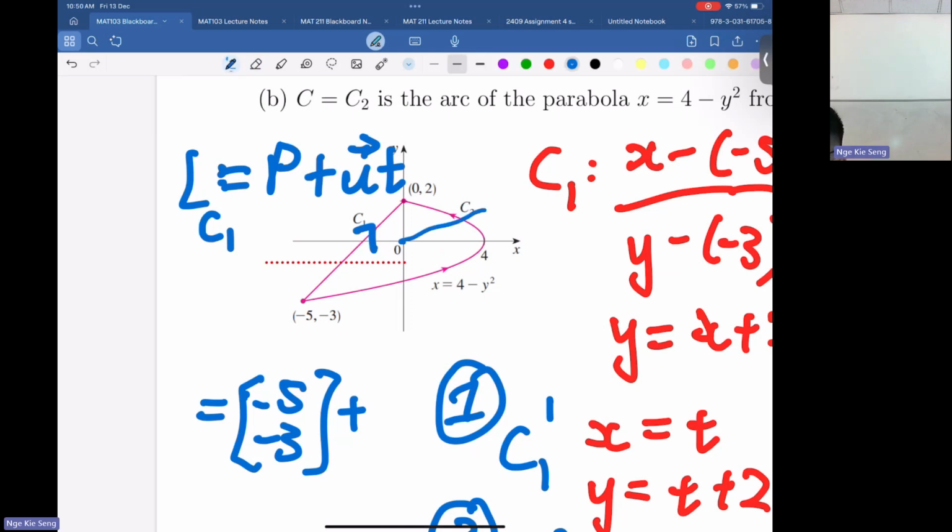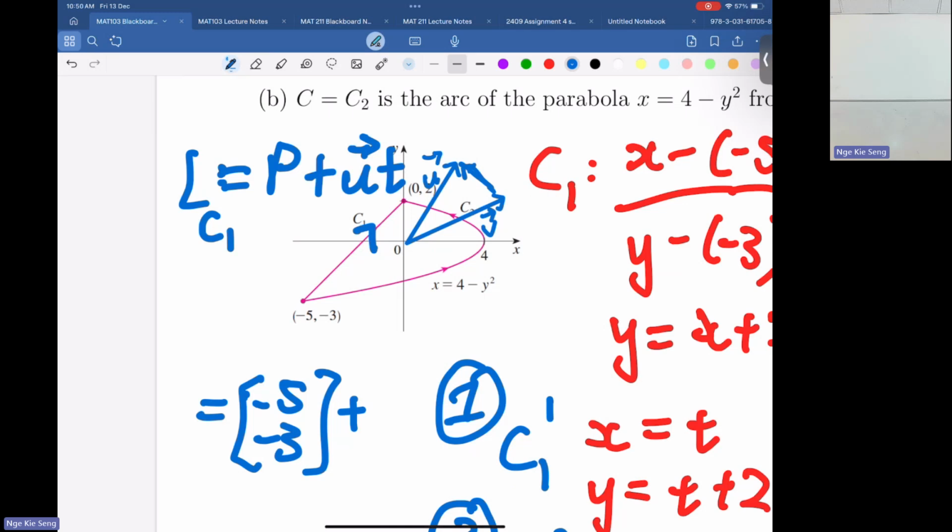Vector addition. If you add two vectors together, what happens? How to get the resultant vector? Let's say I give you u, v.